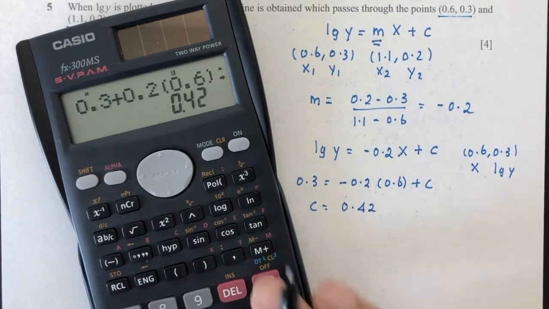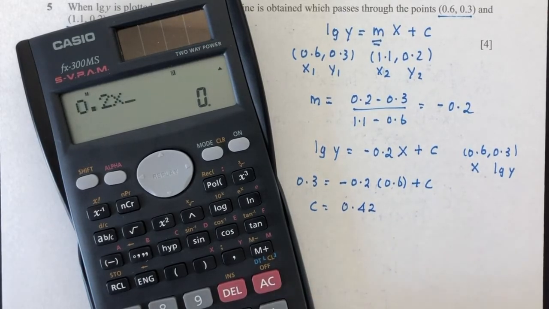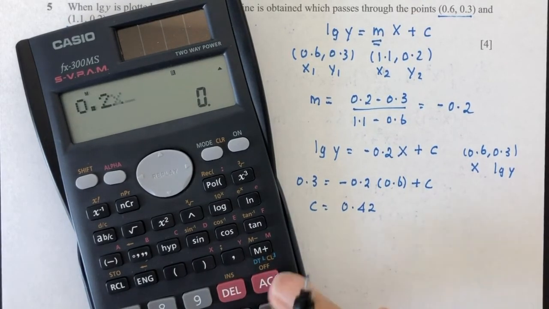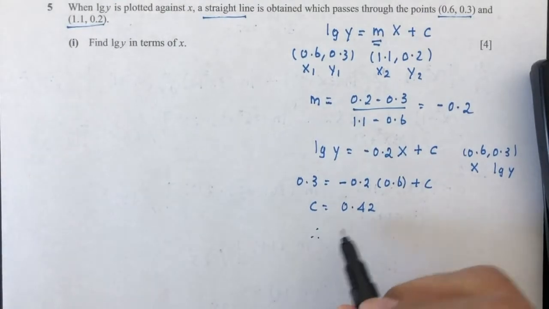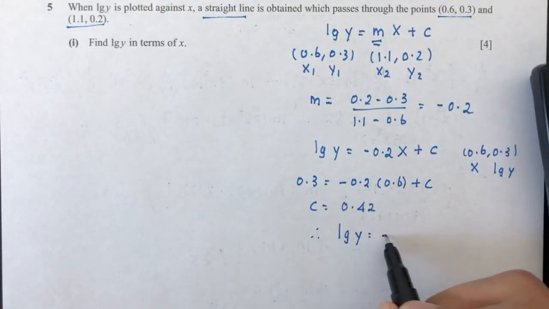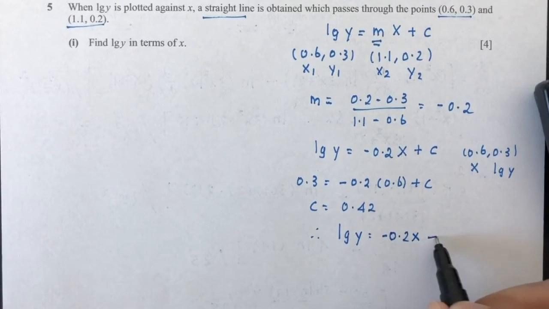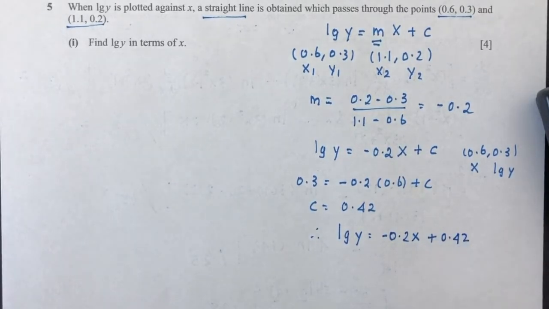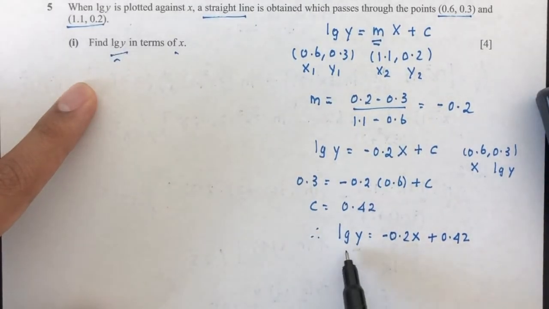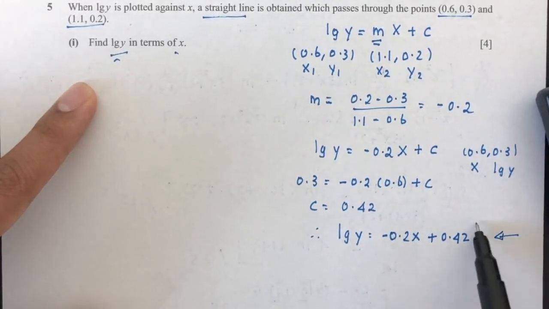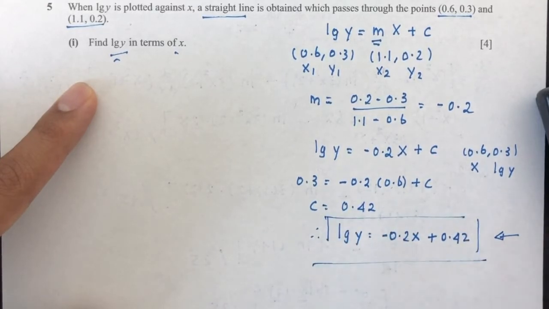So let's test that again: 0.2 times 0.6 and 0.3 plus the answer, that will be 0.42, correct. So now my equation is log y equals minus 0.2x plus 0.42. So now the question is to find log y in terms of x. So as you can see, log y is equal to this. So this will be your answer for part 1.